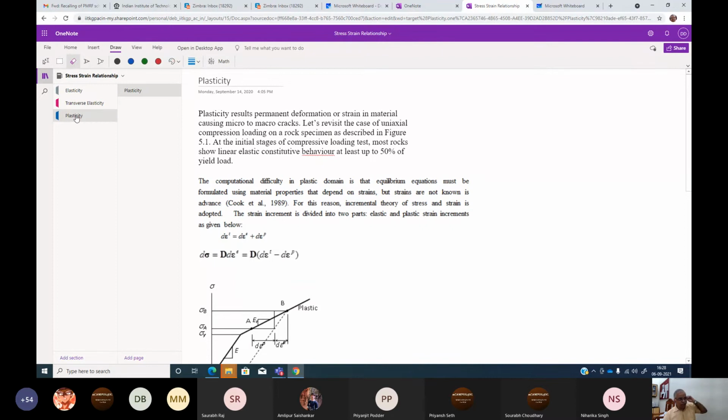Now the last part of this, before we do some examples, is called plasticity. I told you earlier that this is stress and this is strain.